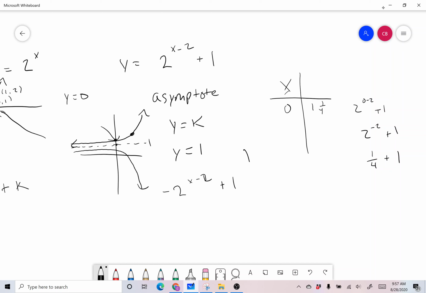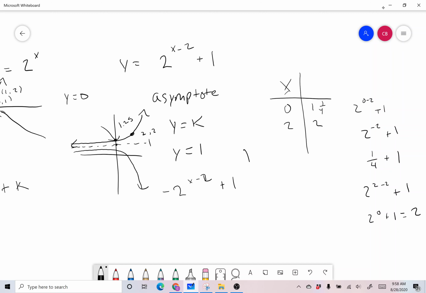And so this must be the point 1.25 or 1 1/4. If you put 2 to the 2 minus 2 plus 1, that's going to be 2 to the 0 plus 1, which is equal to 2. So this must be the point (2, 2).